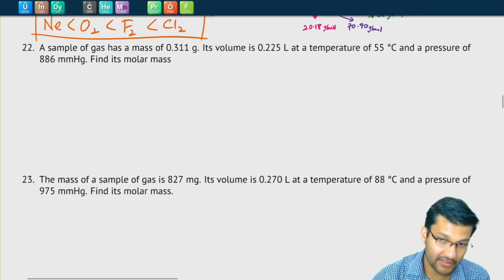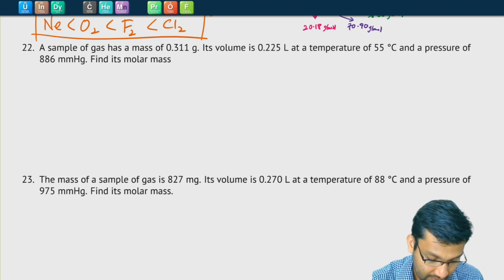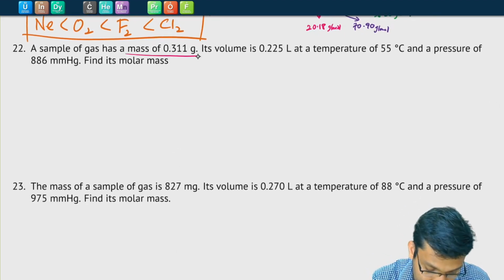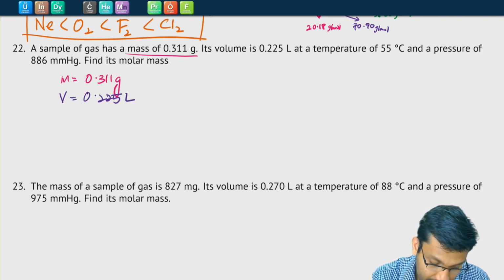All right, if you haven't tried number 22 yet, please do so first, and then we'll go over it together. So here we have a sample of gas. They give us the mass. So let me just write that. Mass is 0.311 grams. They give us a volume, 0.225 liters.